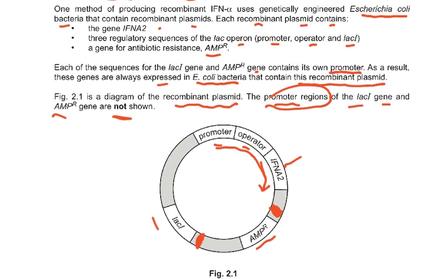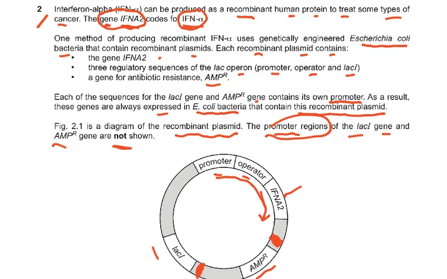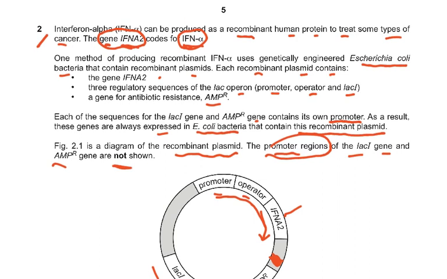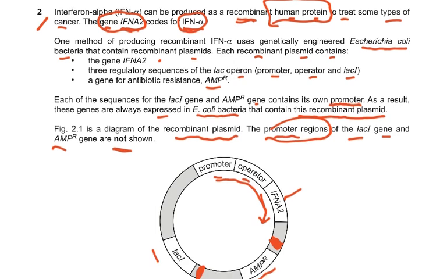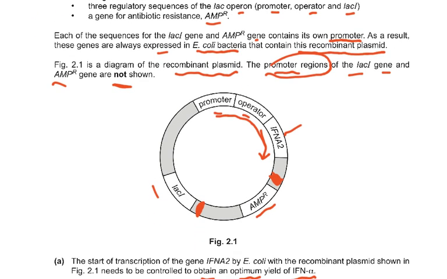What is the protein needed for? The recombinant human protein is needed to treat some types of cancer. So we need the protein. We need the gene to express more transcription. 100 times transcription, 100 protein molecules made. 1000 times, 1000 molecules made.